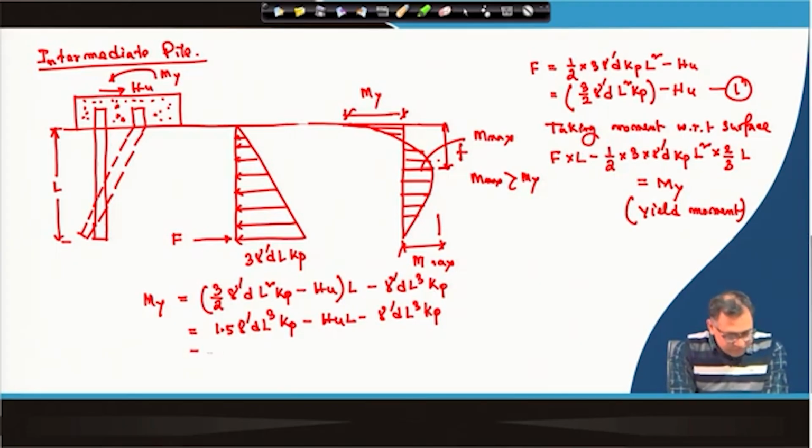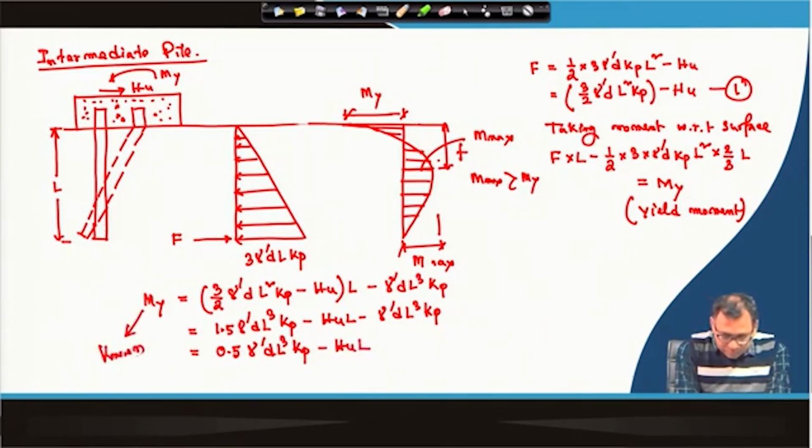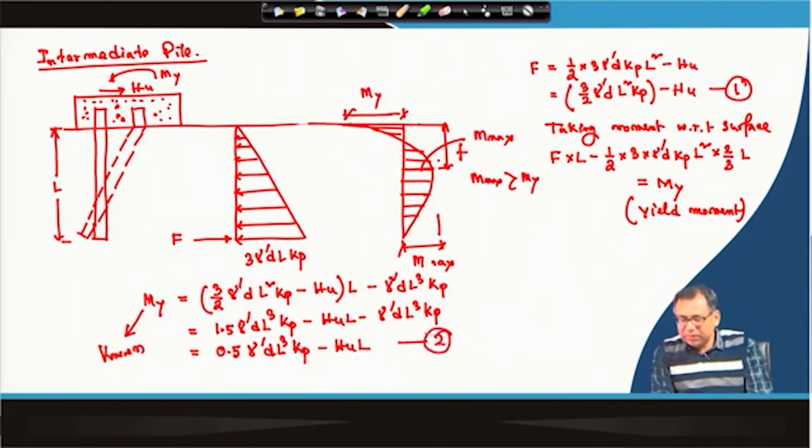So, finally, this is 1. So, M y is equal to 0.5 gamma dash d L cube K p minus H u L, and this is known. By this equation 2 I can calculate the value of H u, because M y is known and all the other factors are known except H u.